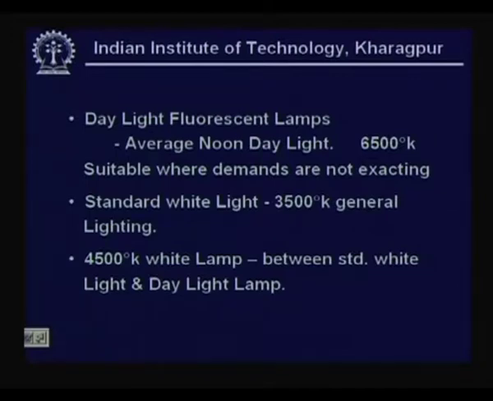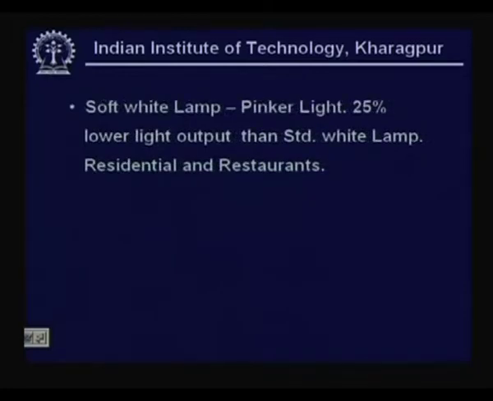In fact, it is called 4500K white lamp. And where the illumination levels required are less, you have soft white lamps. This gives a slightly pinkish light because the output itself is 25% lower than the standard lamp, and this is used where dim lighting is required.